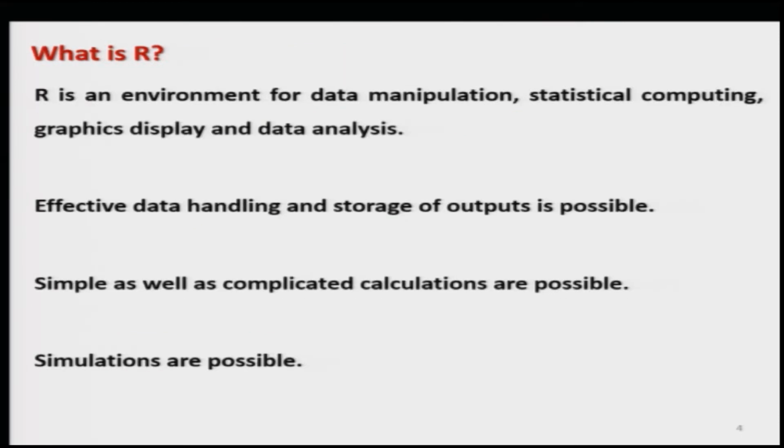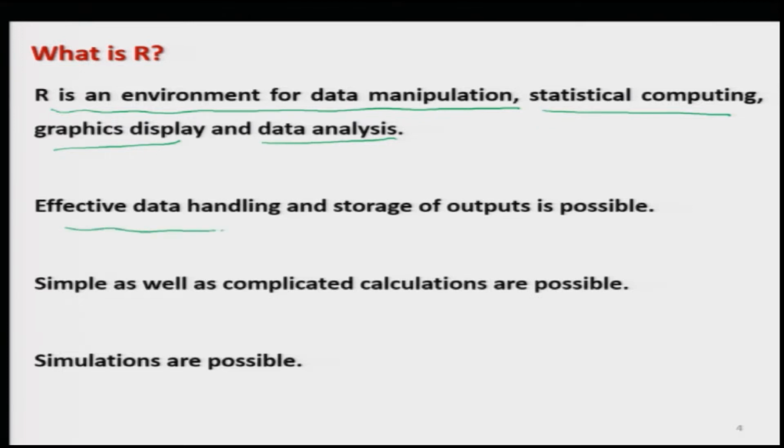And just like any other programming language, R is an environment for data manipulation, statistical computing, graphic display, data analysis, simulation, etc. All those things that we can do in a normal software are also possible in this software.